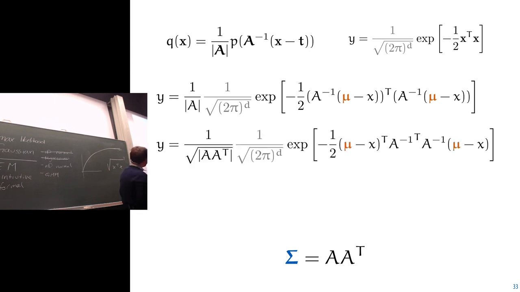So if we work this out, two things are happening. On the left side, if you look at the properties of the determinant, it turns out that if you take the determinant of A times its transpose, that's the same as the square of the determinant. So if you take the square root of that, then this is the same thing as this.